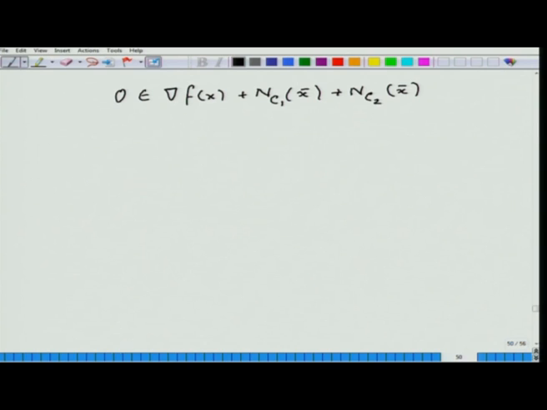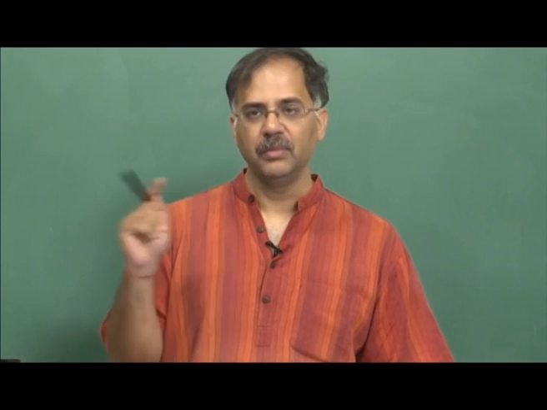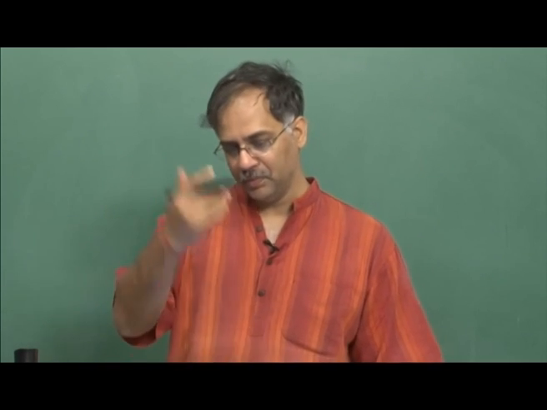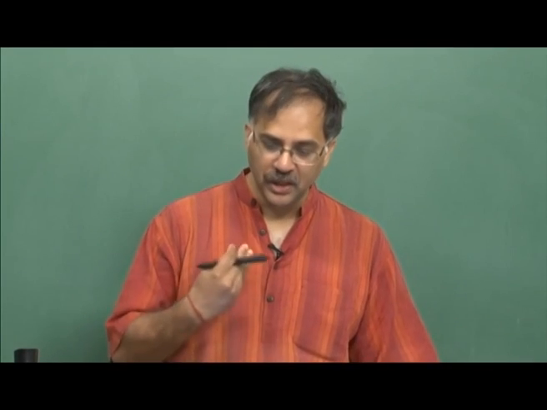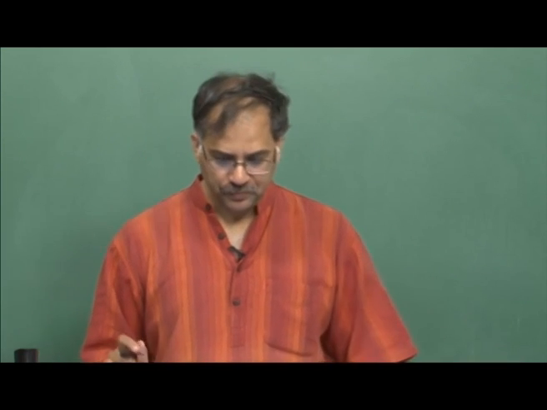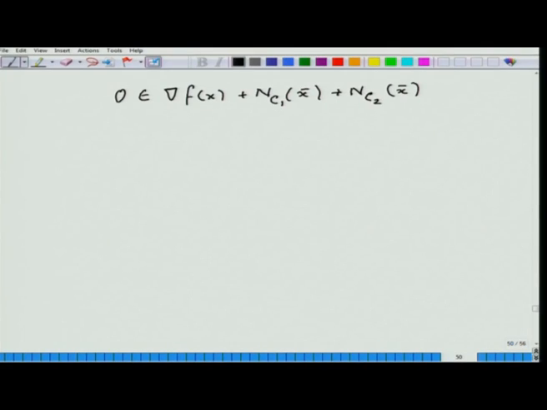So, what comes out is that the Lagrange multipliers or the Kuhn-Tucker multipliers, those lambda_i's, are not just ordinary multipliers or auxiliary variables that you use to convert a problem from constrained form to unconstrained form, but they are deeply linked with the geometry of the space that you are working in, the feasible set. So, our task could be to compute this as well as to compute this. Let me first today do the easier one, that is, let me compute N_C2(x).